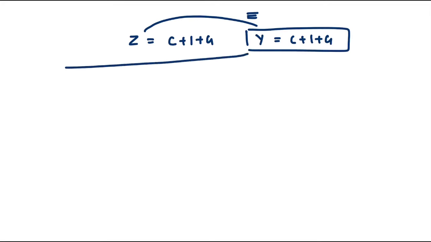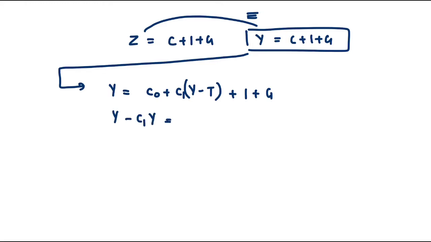We are saying that Z equals C plus I plus G, or Y equals C plus I plus G. At this point, we have said that this is an identity, so we can write this interchangeably. Let's continue with this part of the equation. Then we simplify this. Now, what we really need to do is take all the Y terms on the left hand side and keep all the other terms on the right hand side.